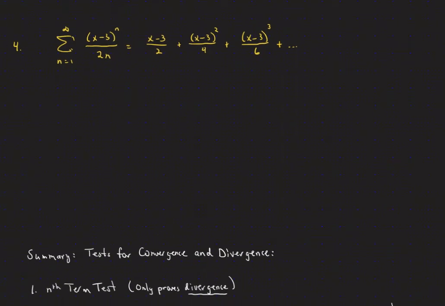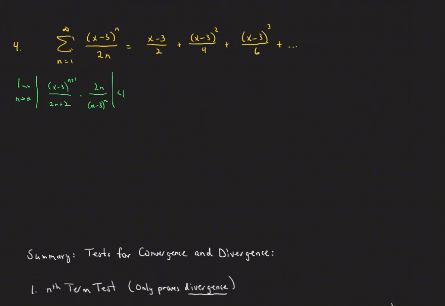So we, again, are going to start with our ratio test. So the limit as n goes to infinity, we're going to go x minus 3 to the n plus 1 over 2 times n plus 1, which is going to be 2n plus 2. And then we have 2n over the x minus 3 to the n.